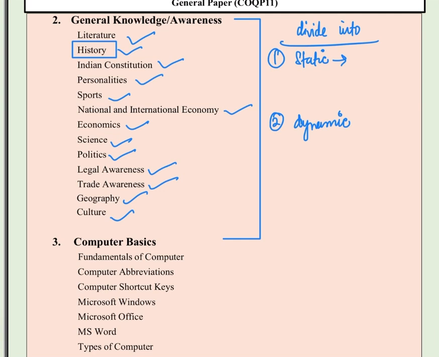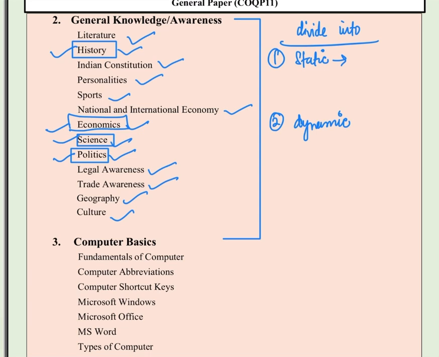The first among them is history, second is economics, third is science, fourth is politics. Politics also has a static part, like the parliamentary system, the constitution, the making of the constitution, the office of president, the office of prime minister, their election procedures, and constitutional bodies like the Election Commission of India.